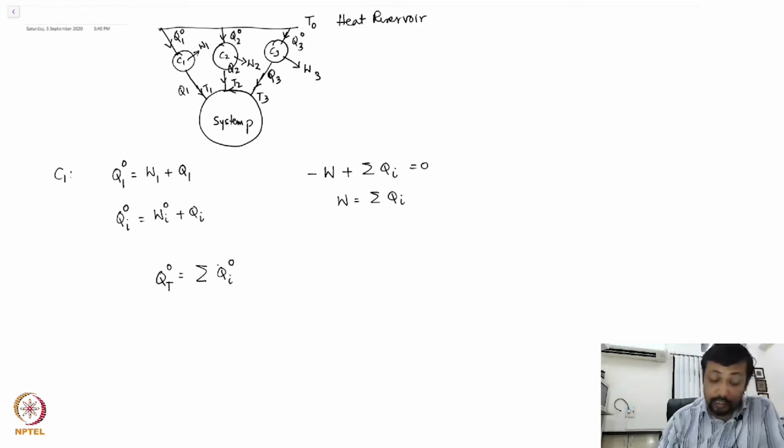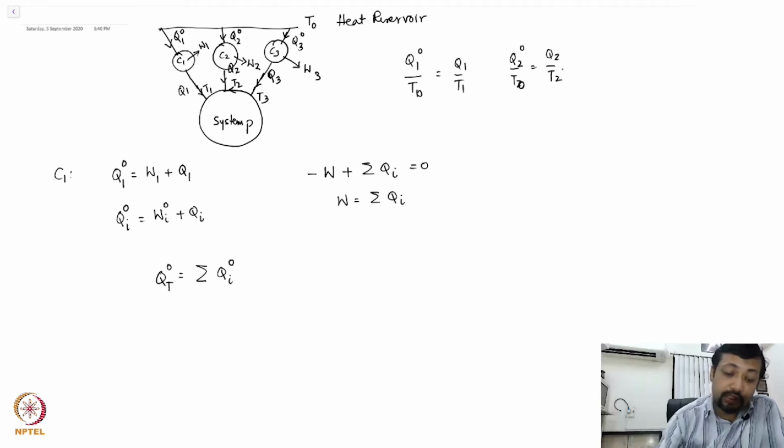Now remember, for all of these Carnot cycles, I can again write down the relations. Q10 over T0 is Q1 over T1. And again for the second one I can write, sorry, Q20 over T0 is Q2 over T2, because it is taking heat Q10, Q20, Q30 and so on from the hot reservoir at temperature T0, and dumping heat Q1, Q2, Q3 at temperatures T1, T2, T3 respectively.